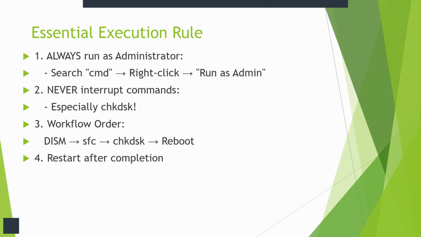Now, what are the essential execution rules? Number 1, run as an administrator. You search for CMD, right-click, and choose run as admin. Then never interrupt commands, especially check disk. The work order should be DISM, SFC, and check disk. Then you restart after completion.